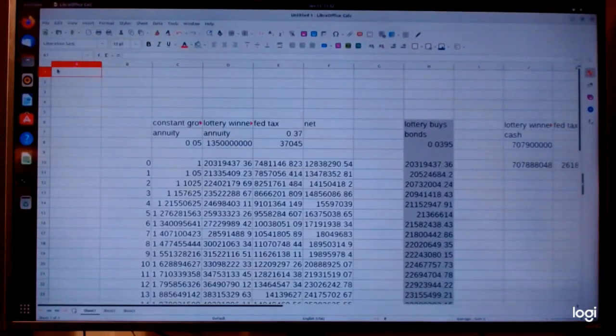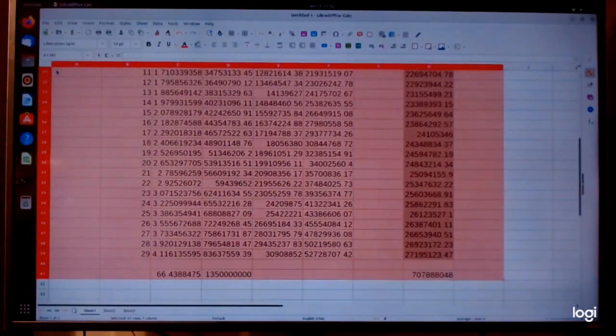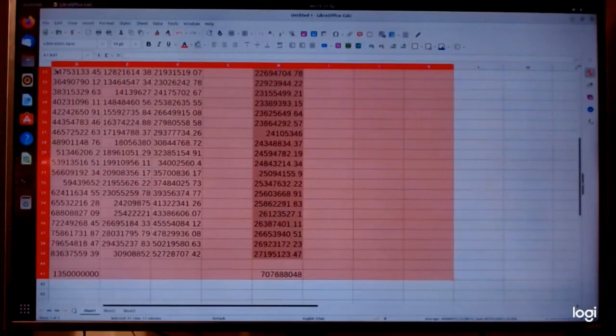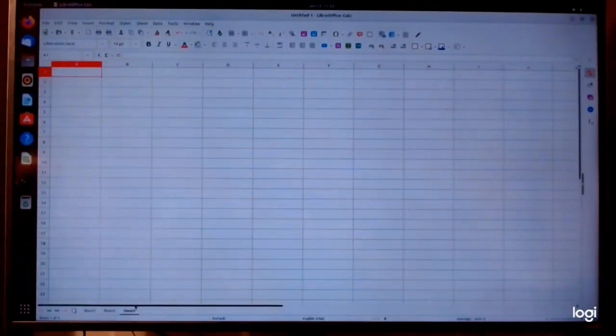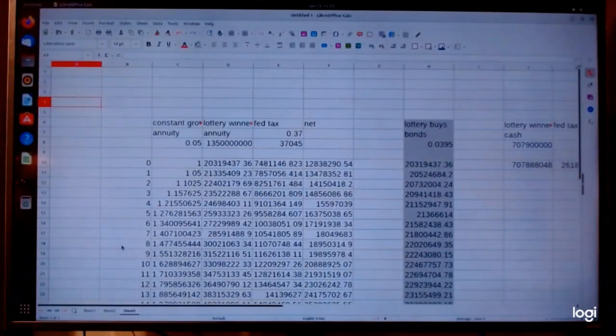Now let's look at, say, one of the smaller state lotteries. And we just need the state lotteries.